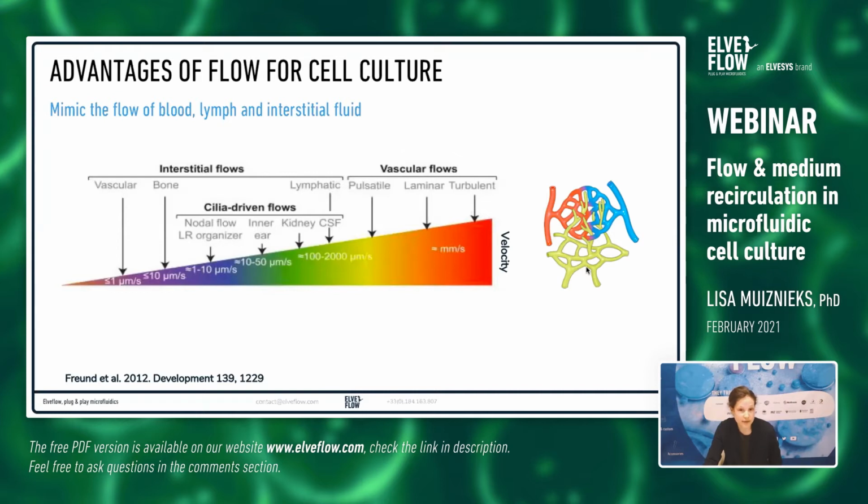Excess tissue fluid is then absorbed as lymph into lymphatic vessels and returned back to the bloodstream. Microfluidics is perfectly suited to adding flow to cells in culture and can be tuned to match physiological flow rates, pressures, volumes, and length scales.